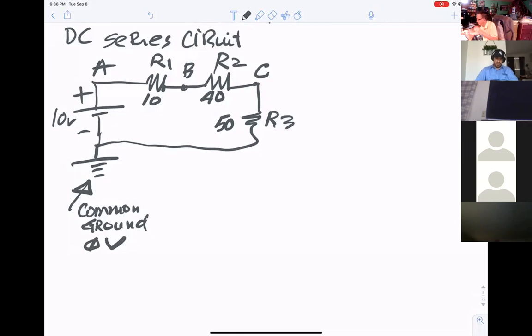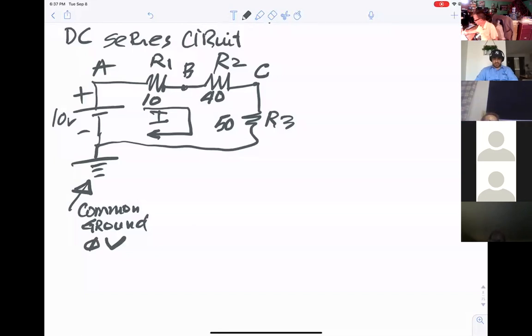So we're talking about series circuit. Okay, in this way, you can get a current going from positive, go around, going back to the negative.